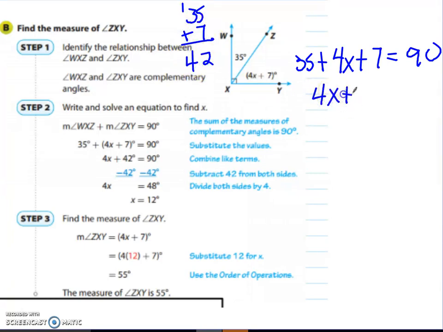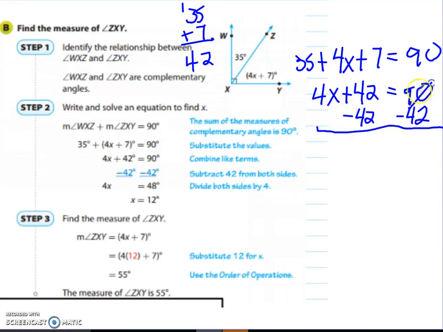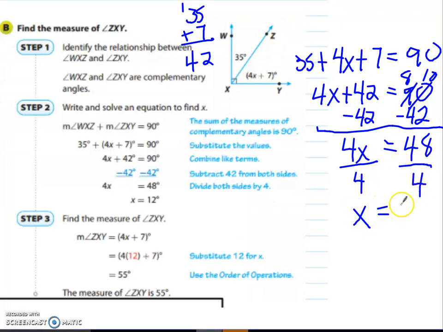So 4x plus 42 equals 90. We're going to subtract 42. We're going to borrow. We're going to get 48. Then we're going to divide both sides by 4. So we're going to get x equals 12.